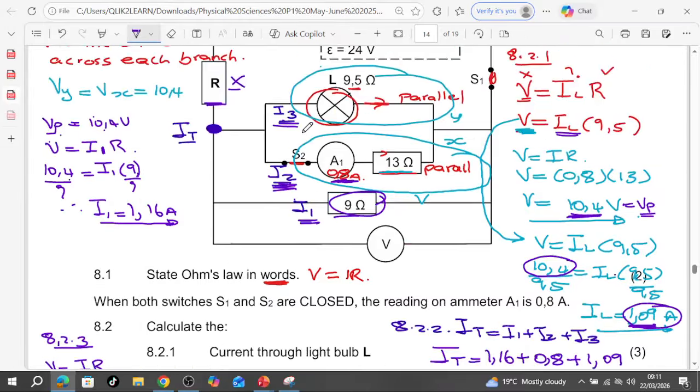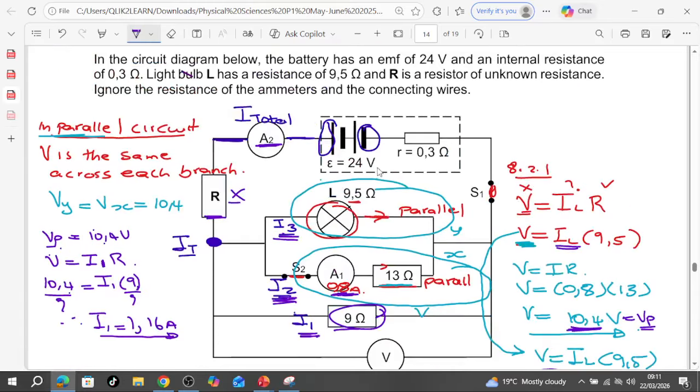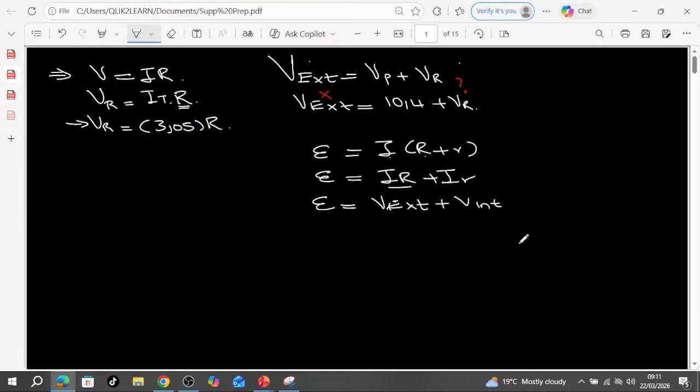Right. So let's substitute. We know that the EMF was given on the paper. Let's go back and verify. What was the EMF? The EMF was given as 24. So I'm just going to substitute that EMF as 24. So 24 equals V external, which is what we are looking for, plus the internal one. The V internal, we can definitely find, because we know that.